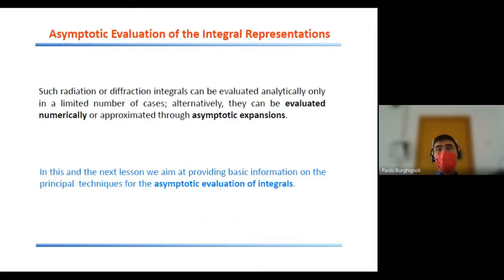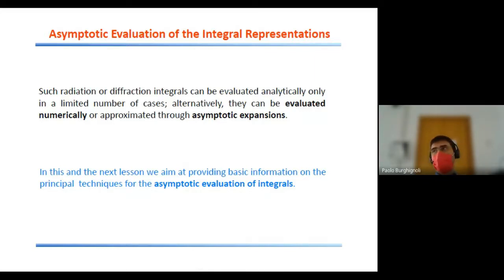Now, these radiation integrals or diffraction integrals can be evaluated analytically sometimes, but this is true only in a very limited number of cases. Typically, they must be evaluated numerically, and that's a whole area of applied electromagnetics, or they can be approximated through asymptotic expansions.